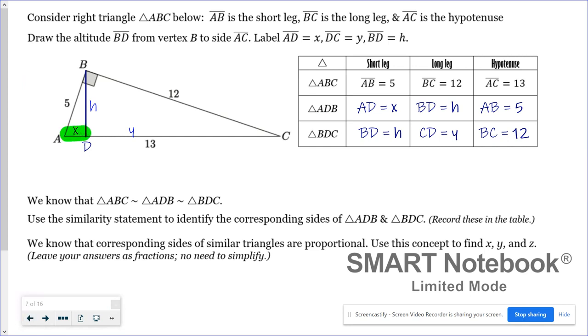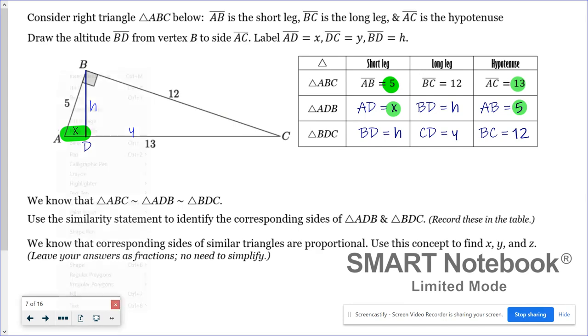The table allowed us to see that we could create a proportion with 5 over x and 13 over 5. That was the proportion that you all created. So you created this proportion between the short legs and the hypotenuse of triangles ABC and ADB.